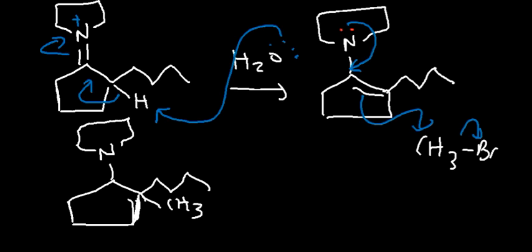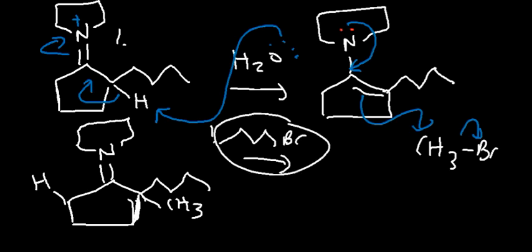Now keep in mind, there's another alpha hydrogen here, so we can alkylate the other side too. So what we need to do is control how much alkyl halide we have. So if you add butyl bromide, you want to make sure it's in a 1-to-1 ratio, so you can reduce polyalkylations from occurring. But if you add excess bromobutane, all of it can be replaced.